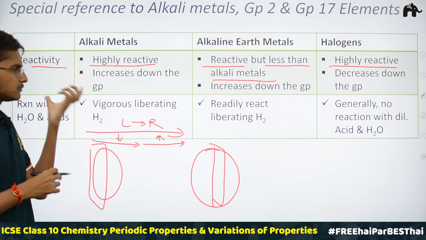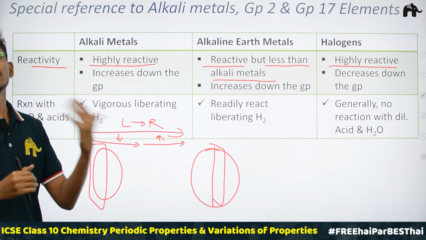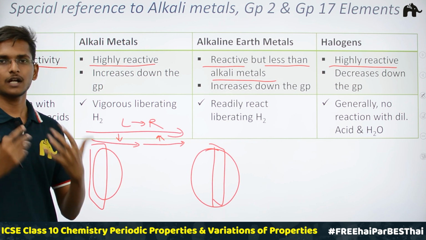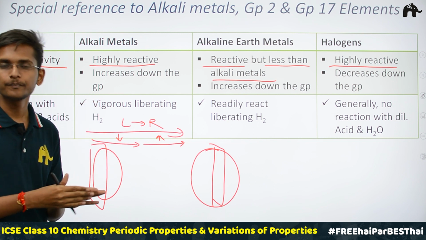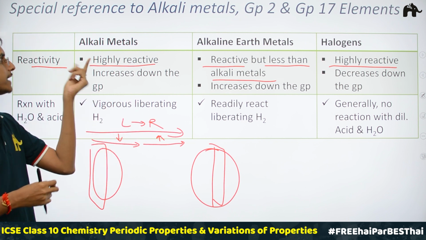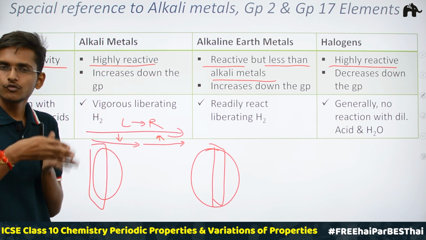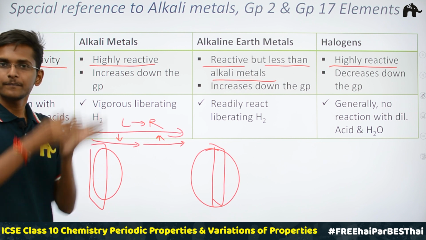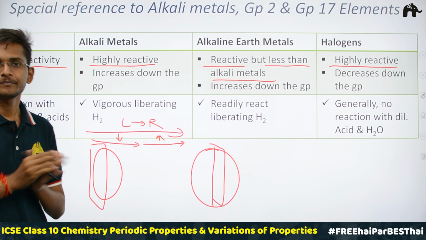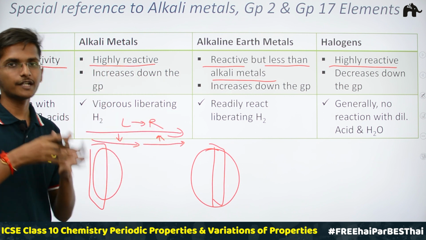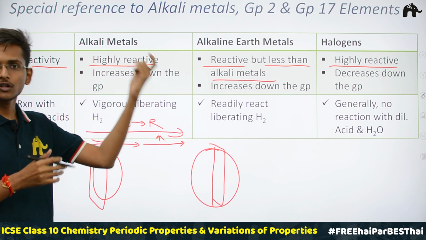Then down the group we have to just remember the trend. We have studied the trend of reactivity down the group for metals as well as for non-metals. Since alkali metals and alkaline earth metals are metals, we would apply the reactivity trend for metals, and in case of halogens we would apply the trend of reactivity for non-metals.